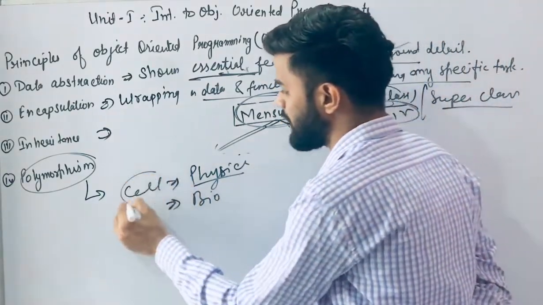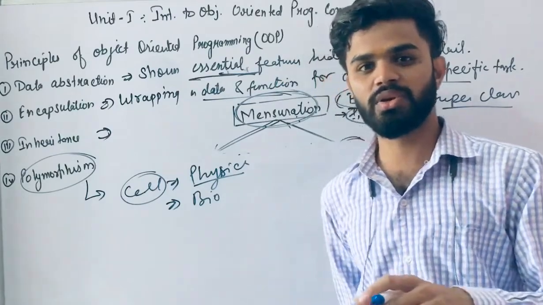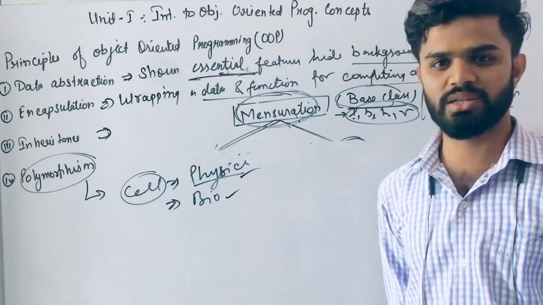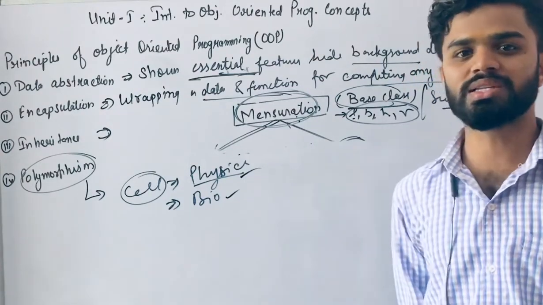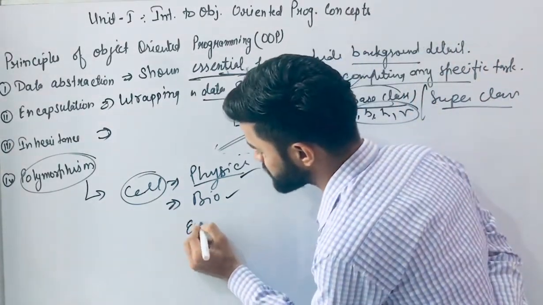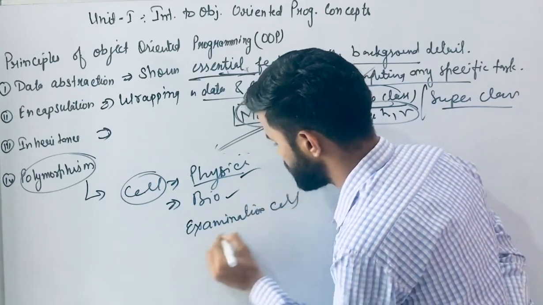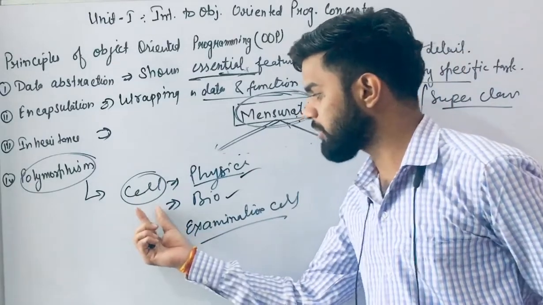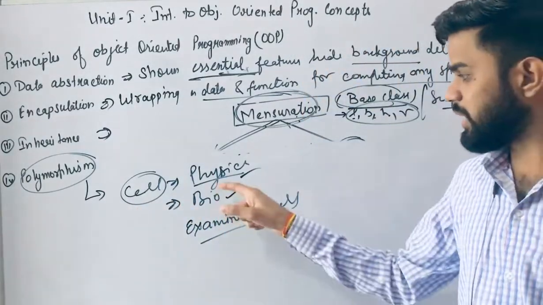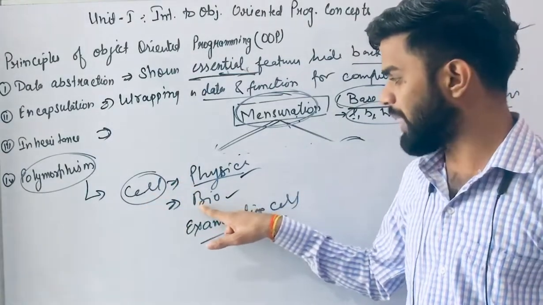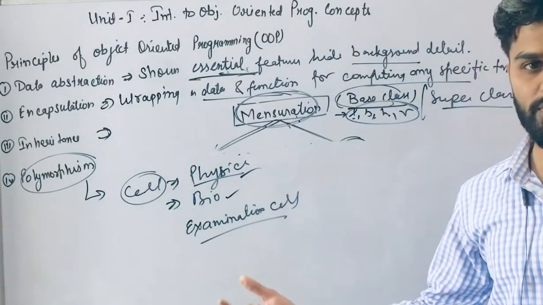A single name performs different tasks in physics as well as biology, as well as in our daily life. Like if we are giving an exam somewhere, they can say this is the examination cell. So a single name performs different tasks in different places.